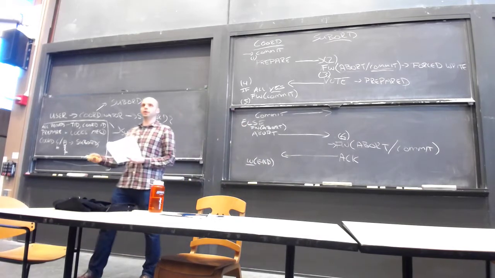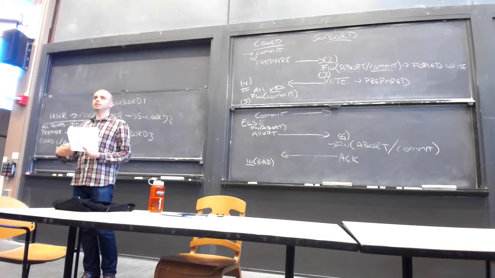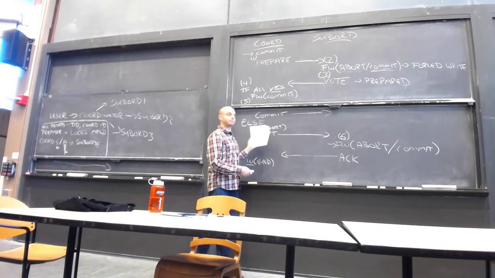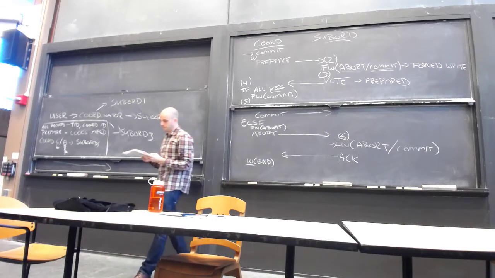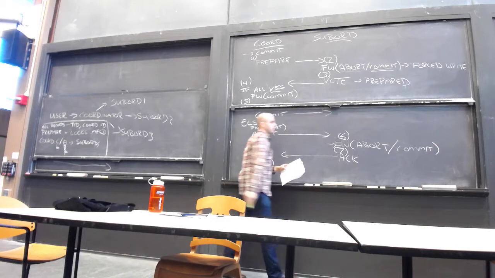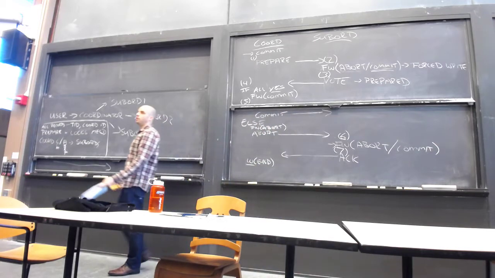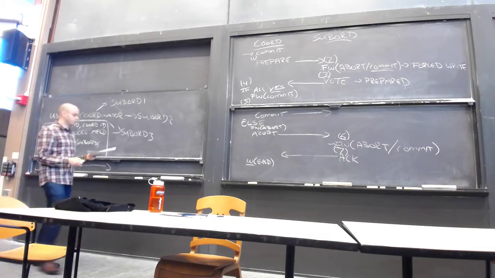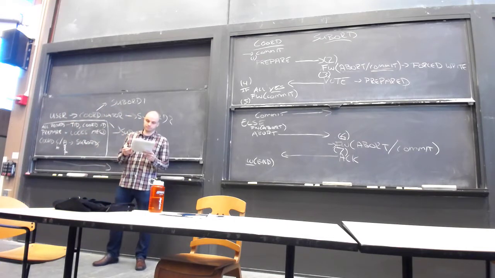If the subordinate crashes and it asks you, you need to know about it. If we know that we've written it down and we pick back up when we failed, what do we do in this case?